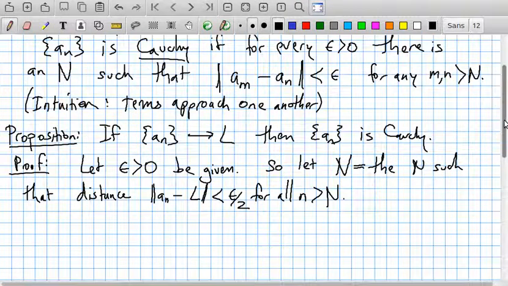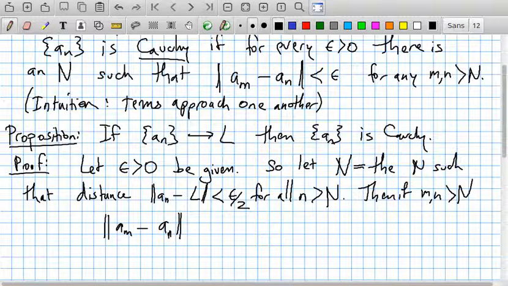Yes, because what I'm going to do is I'm going to simply say, then, if m and n are both bigger than capital N, well, I'm going to do the add 0 trick. I'm going to add 0.